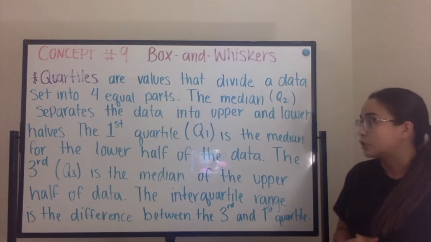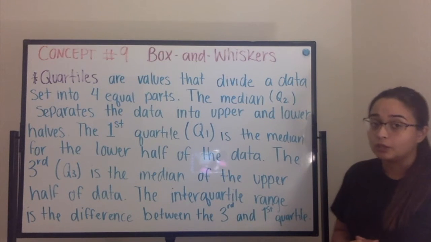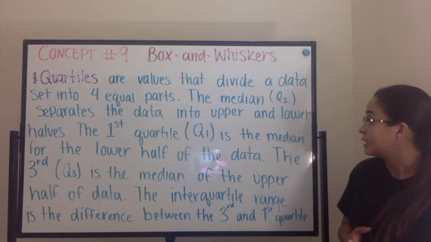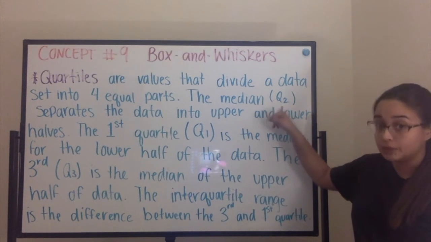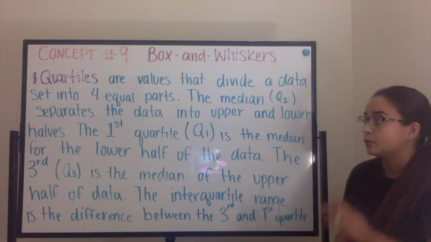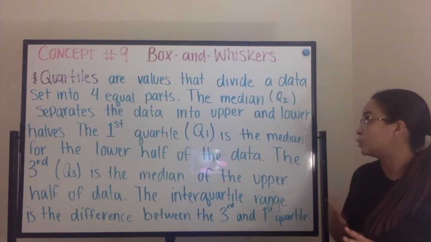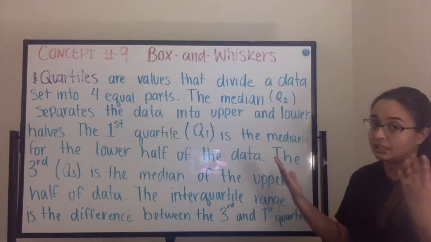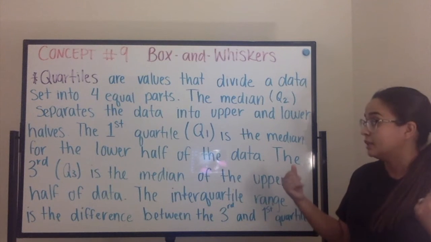Okay, so the median, which we know is that middle number in our data, also known as Q2, separates the data into upper and lower halves. So the upper half and the lower half, the smaller half.